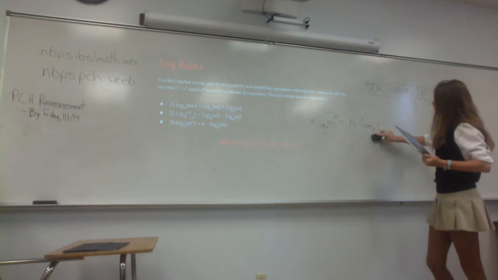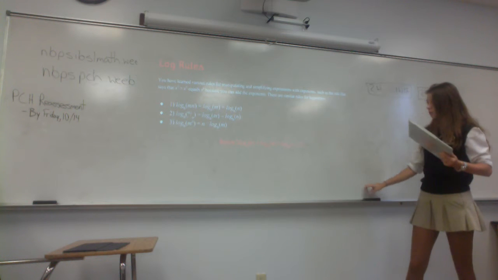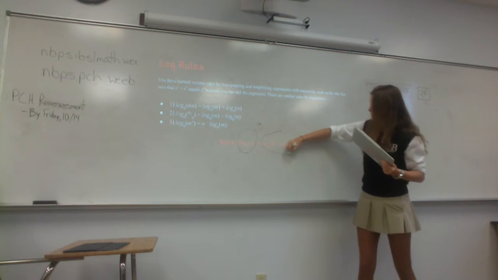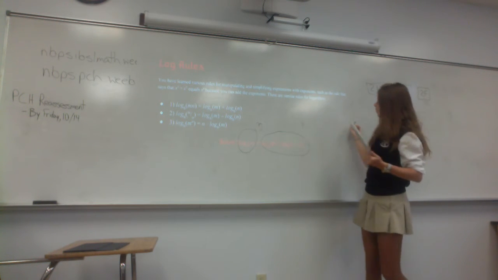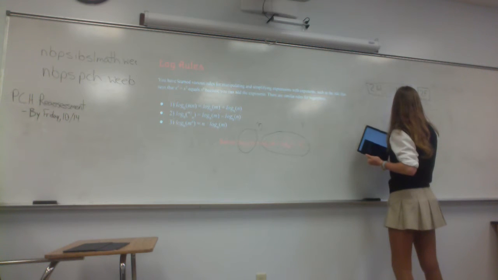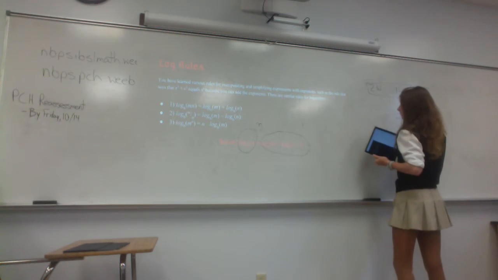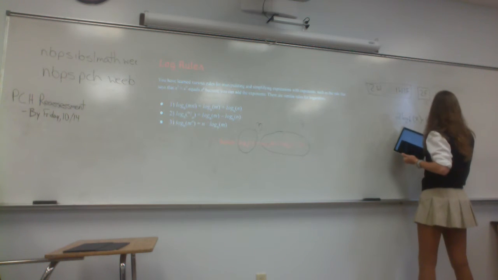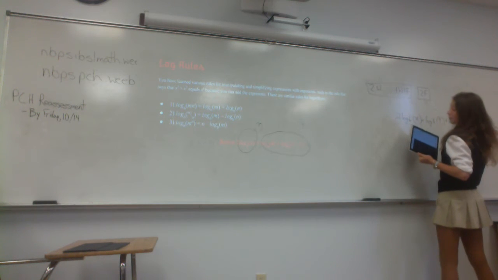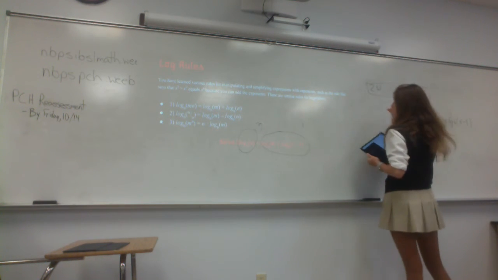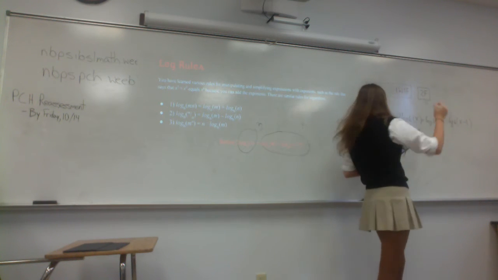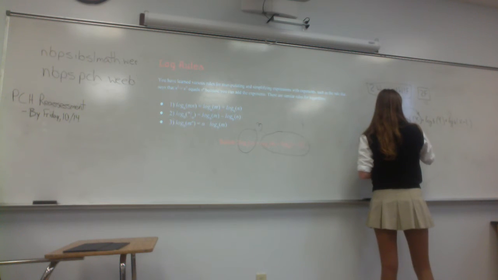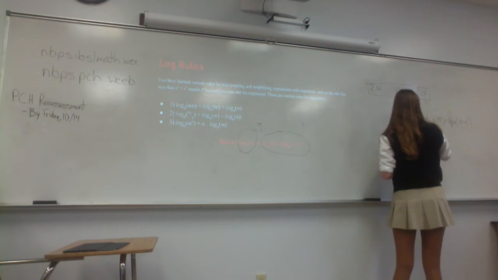For the example here, we will use two of the basic rules. For this side we will use rule number 3, and for the other side we will use rule number 1: 2 log base b of x equals log base b of 4 plus log base b of x minus 1. For the left side, we go backwards and put the 2 back as an exponent, which gives log base b of x squared.